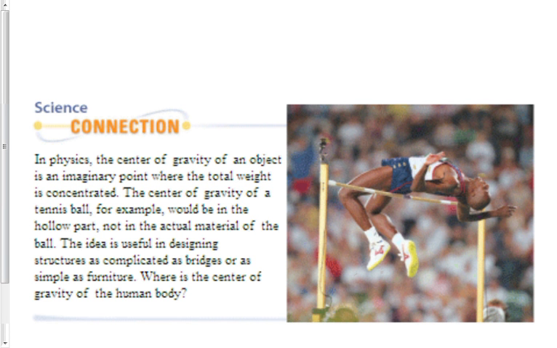The idea is useful in designing structures as complicated as bridges or as simple as furniture. Where is the center of gravity of the human body? We can see in the picture that this is a high jumper, probably in the Olympics. He looks like he might have an Olympic uniform on. And the center of gravity, as you would probably guess, would be in his torso, probably right around his waist.